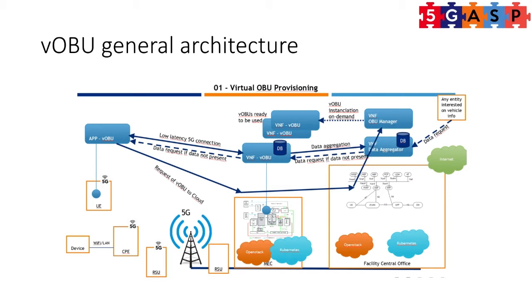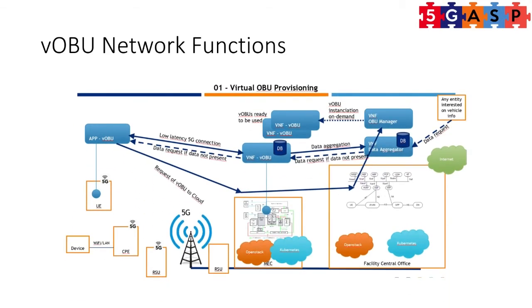On the left, we have the application itself running in the physical OBU. In the middle, we have the MEC layer in which the virtual OBUs are hosted. And on the right, we have the virtual data aggregator that serves as a point of entry for the application requesting data. Finally, we have the virtual OBU manager that will instantiate the virtual OBUs on demand.